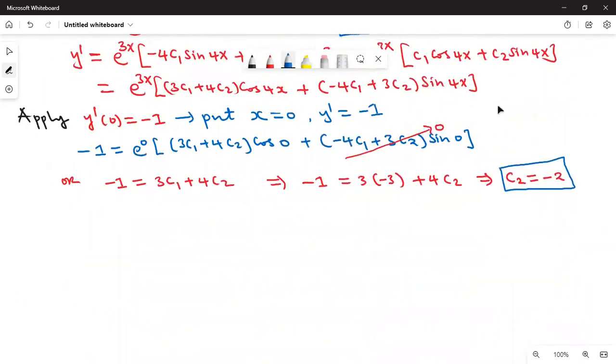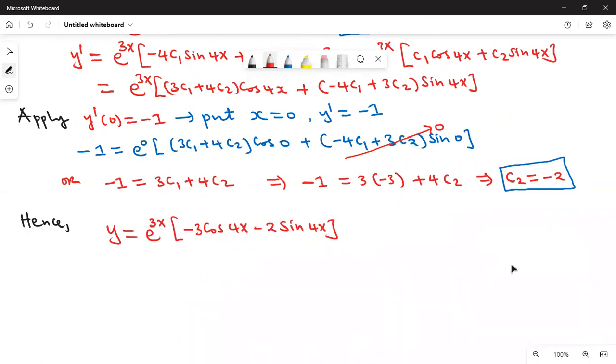So you can just say that hence, our particular solution is now y is equal to exponential 3x, c1 there was -3, cosine of 4x, and our c2 is -2 sine of 4x. So I have replaced the values of c1 and c2.